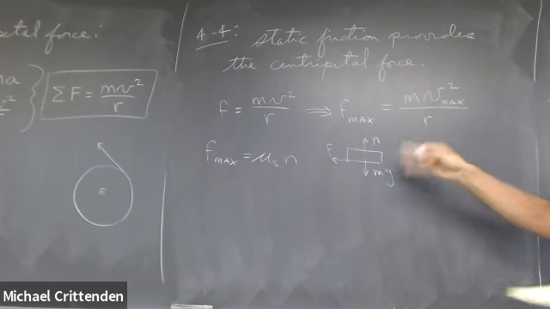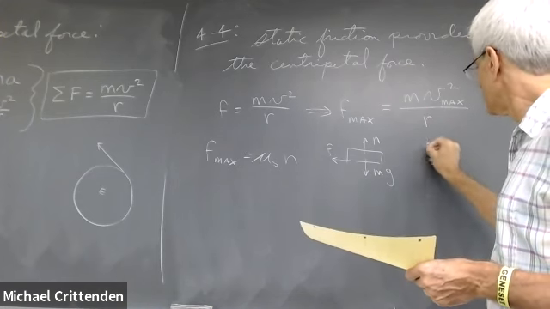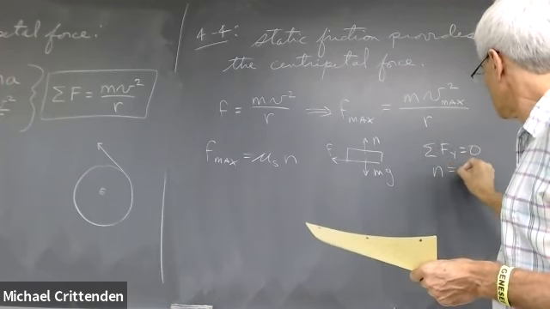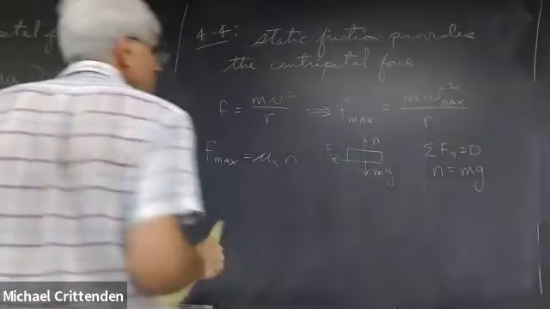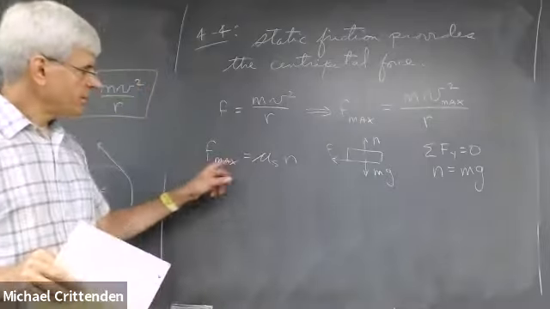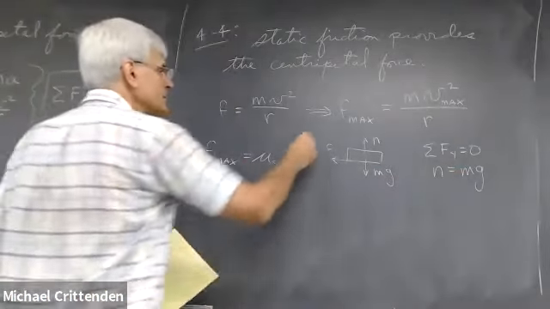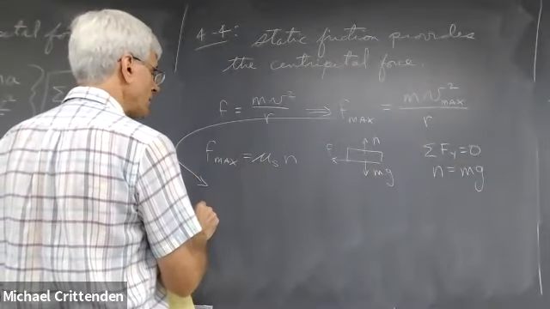They have to balance each other to maintain equilibrium. So F is equal to mu times N, and N is equal to the weight of the car. Kind of putting all that together.